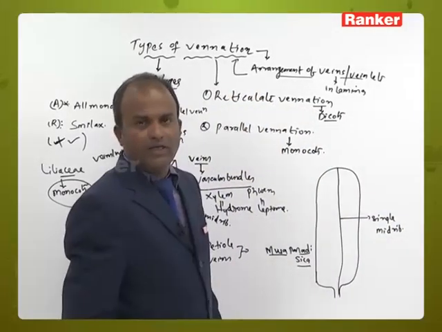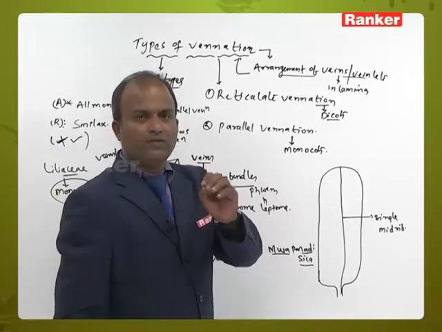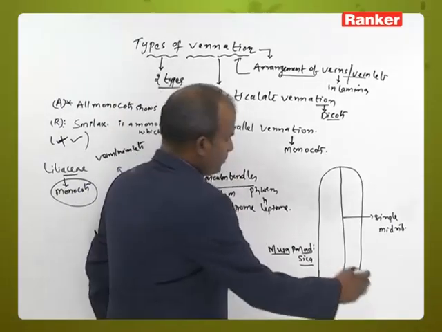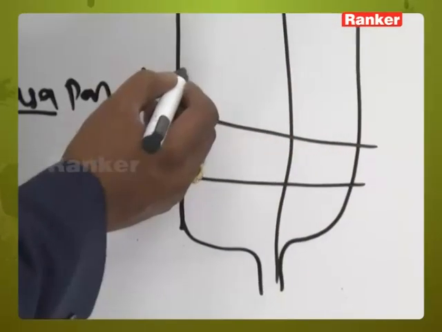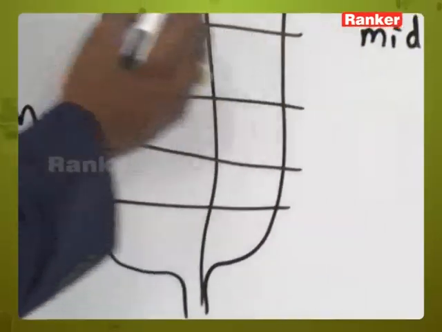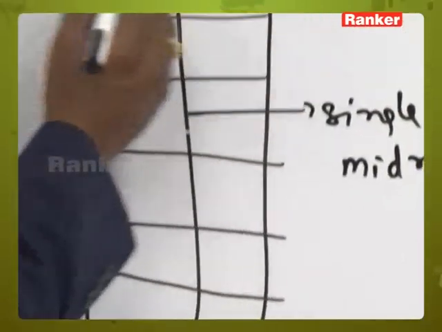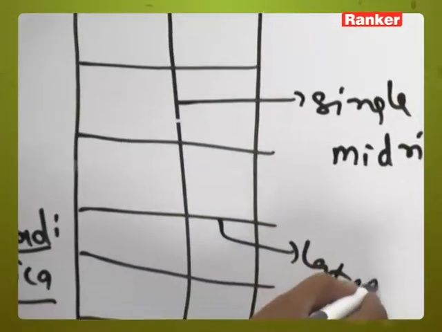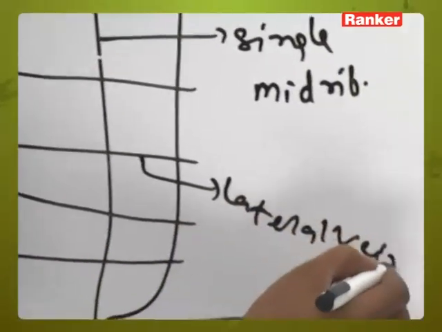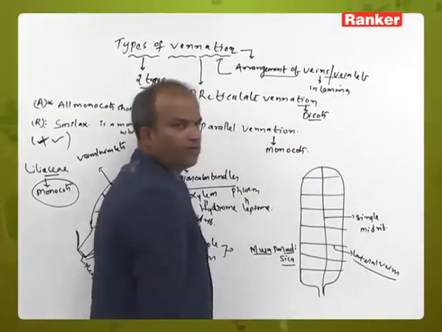From this single midrib, lateral veins are arising. These are the lateral veins.